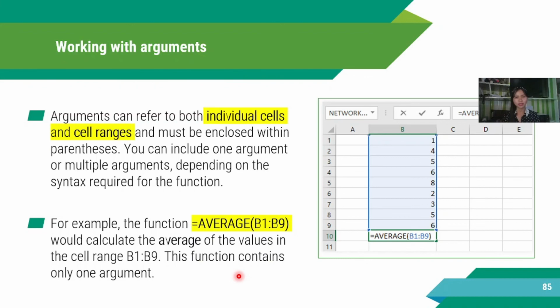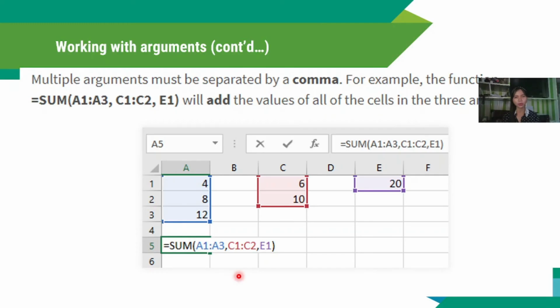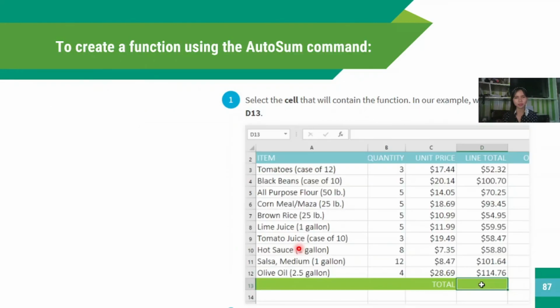This function contains only one argument. Multiple arguments must be separated by commas. For example, the function SUM(A1:A3, C1:C2, E1) will add the values of all the cells.